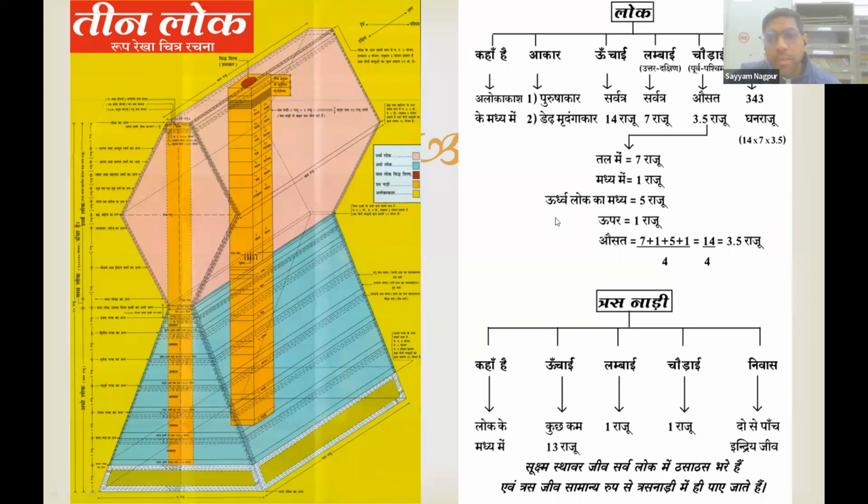Now, when you calculate this whole structure, the volume of this whole world will be calculated as 14 multiplied by 7 multiplied by 3.5. So this is how we get 343 Raju cube as the volume of the world.